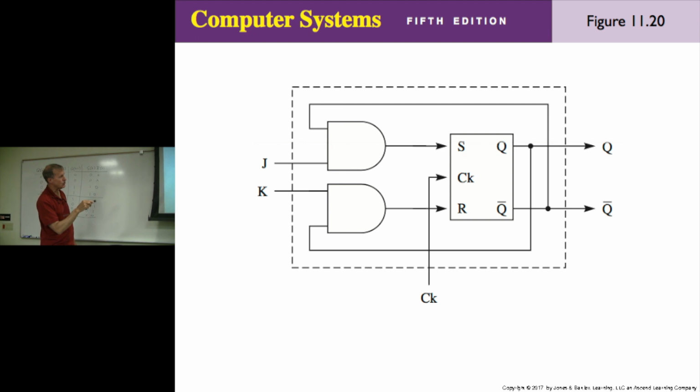Then Q is fed back directly into R, and Q bar is fed back directly into S. If Q is 1, what will be the input of S and R?